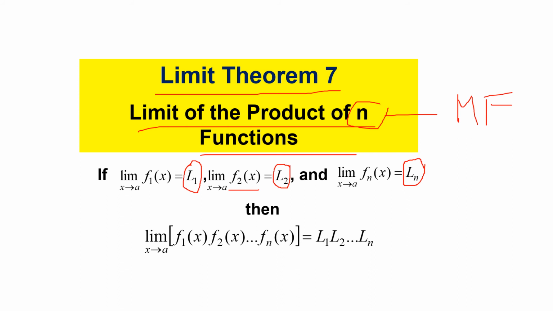So you just simply multiply L1, L2, and Ln, as long as they have the same limit where x approaches a. So again, we just simply multiply L1 multiplied by L2, multiplied by the last value of the limit being involved, with the limit as x approaches a.